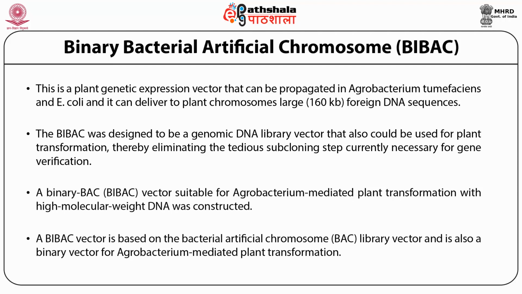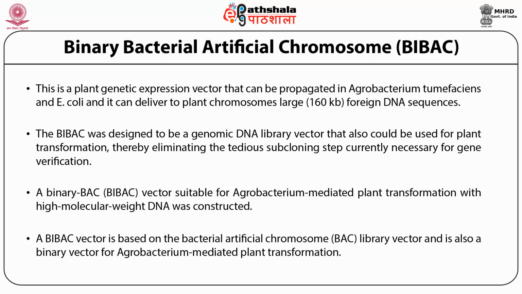Binary bacterial artificial chromosomes have a unique BamHI cloning site and are suitable for construction of genomic DNA libraries. In addition, there are two pairs of restriction sites, NotI and SfiI, that flank the BamHI site.